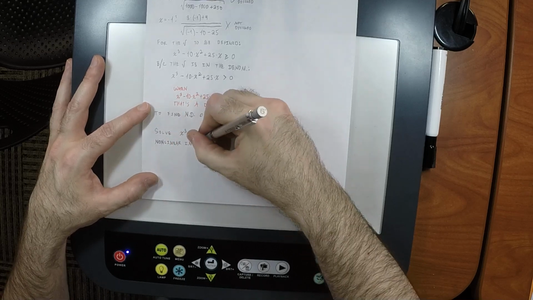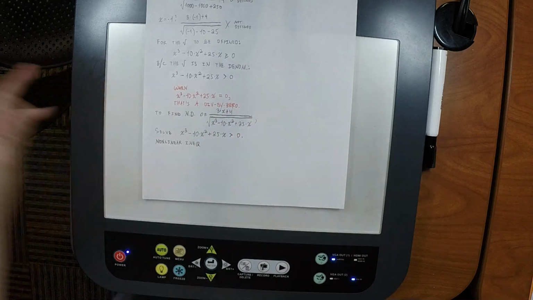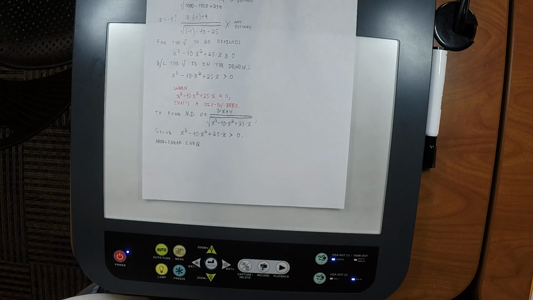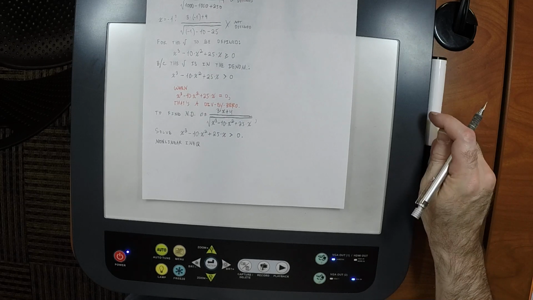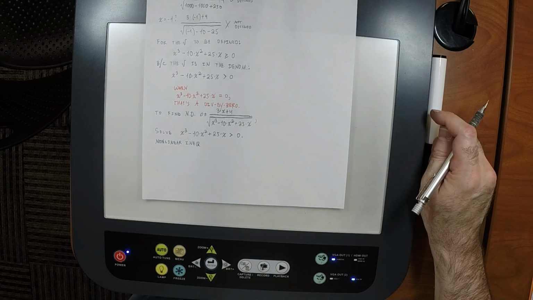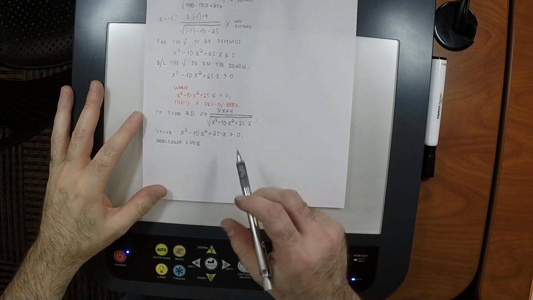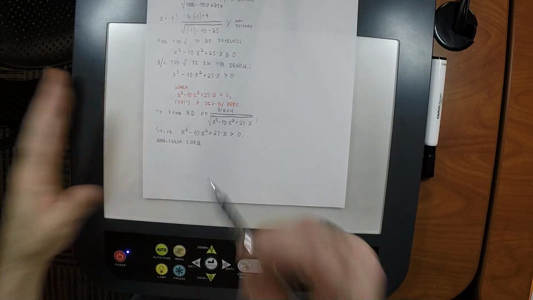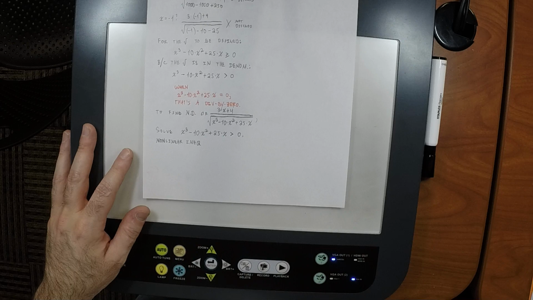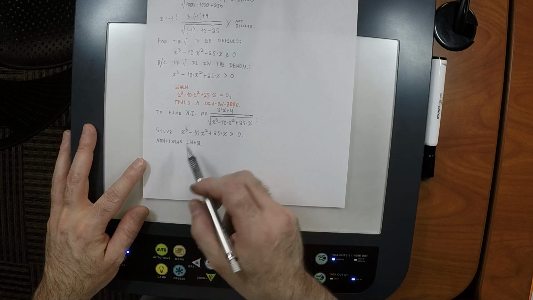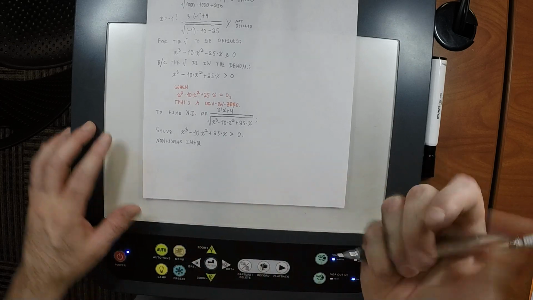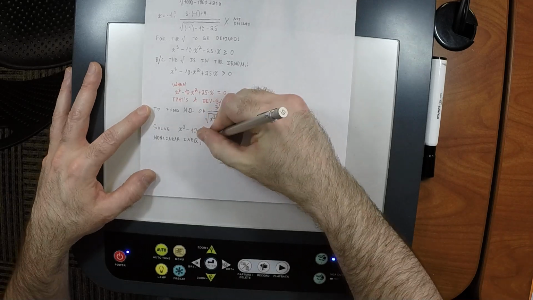There are two kinds of nonlinear inequalities that we know how to solve in our class. There's the kind that has absolute value and every other kind. So this is not the absolute value kind, and so we're going to use a sign chart.